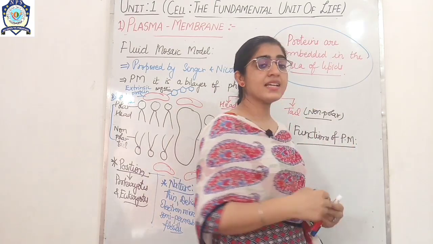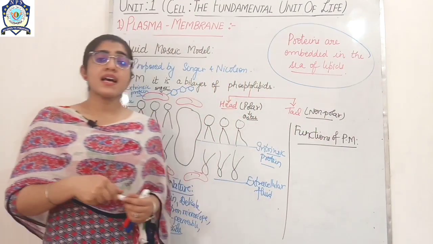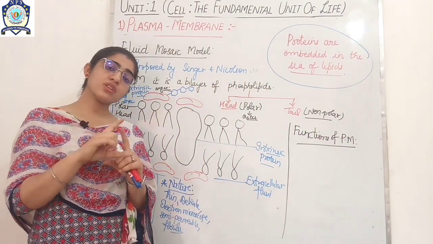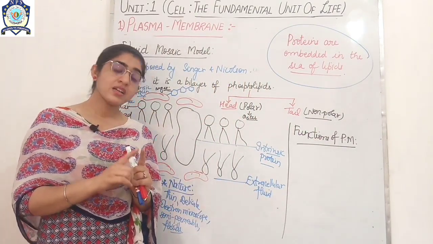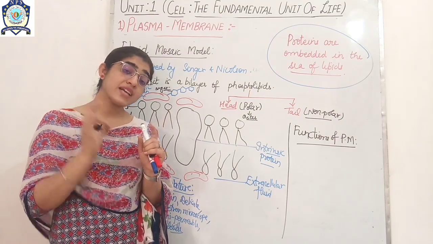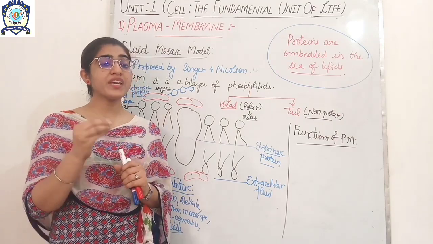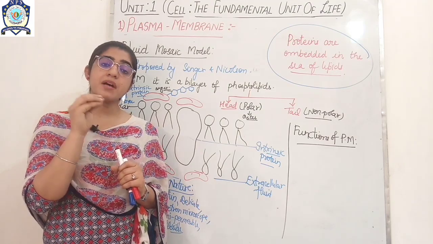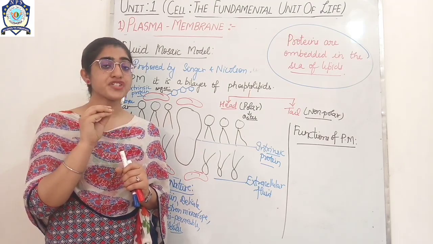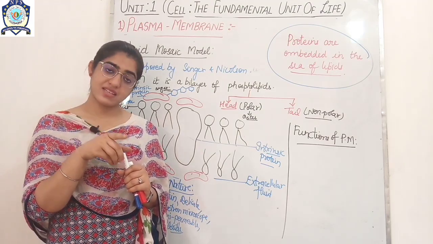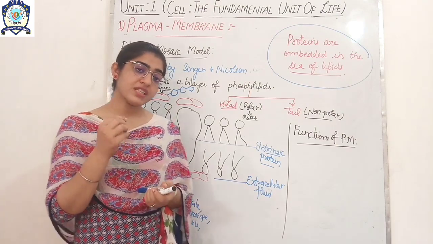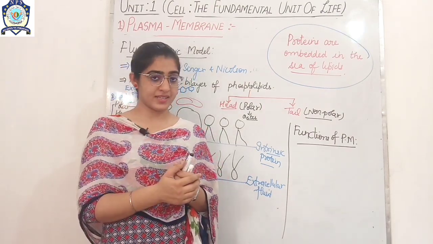So students, as I am saying that plasma membrane is present on the outer side of the cell, so that's why simply we can say that plasma membrane provides shape and form to the cell. Okay, so first one is it provides shape to the cell.